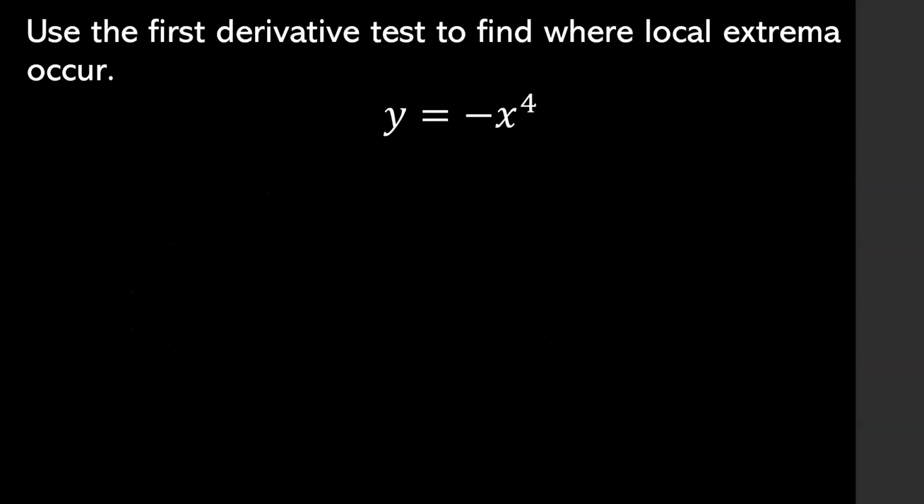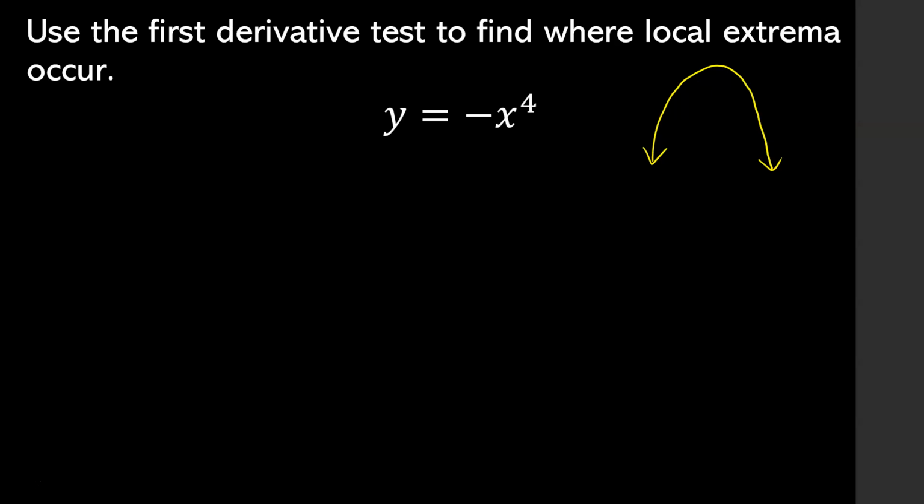Let's try that again. Do you know what negative x to the fourth looks like? It's something like this, definitely opening downwards. Because it doesn't have an x cubed or x squared term, I happen to know that negative x to the fourth only has one turning around point. I'm expecting only to find a local maximum. What do we do first? Always we check for continuity.